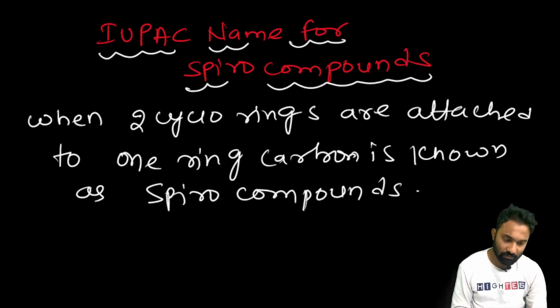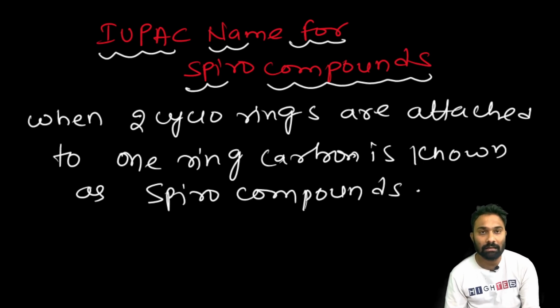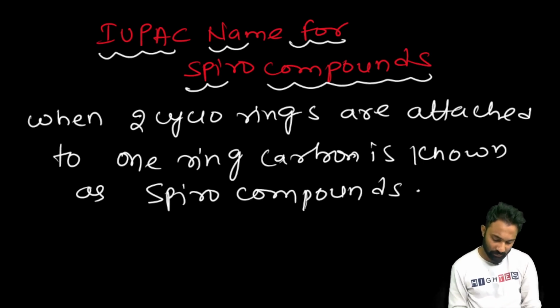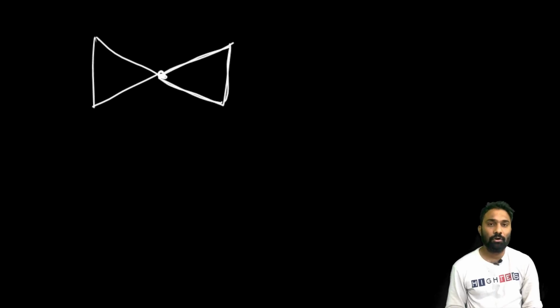Clear? For the one ring carbon, if two rings are attached, that type of compounds we call a Spiro. You take, this is one ring. Okay, now for this one ring carbon another ring is attached. Now this type of compound we call a Spiro compound. Done.